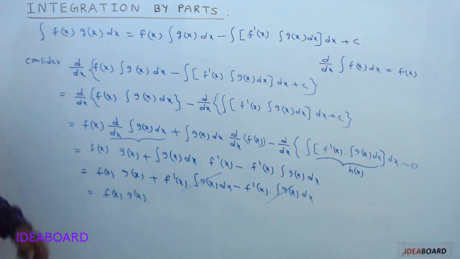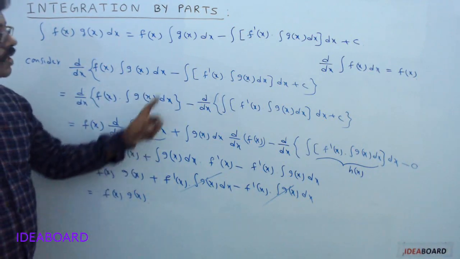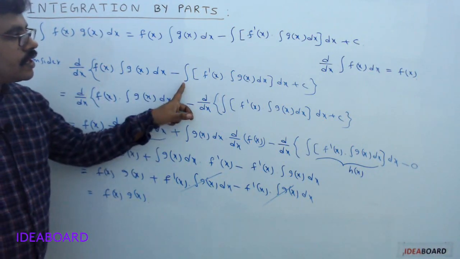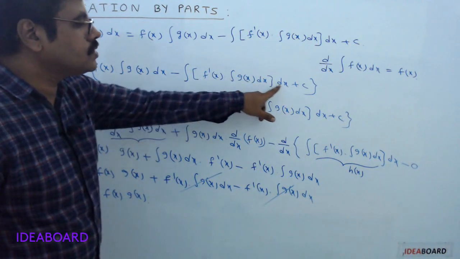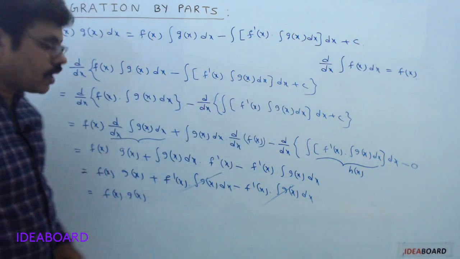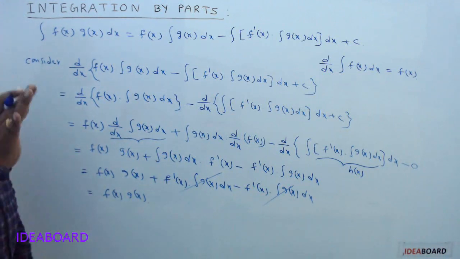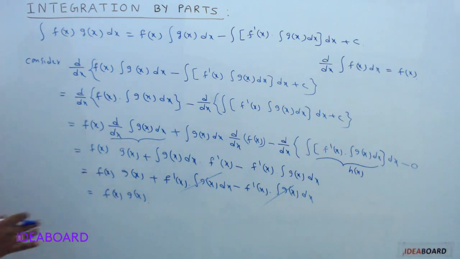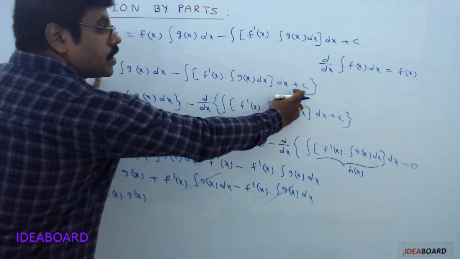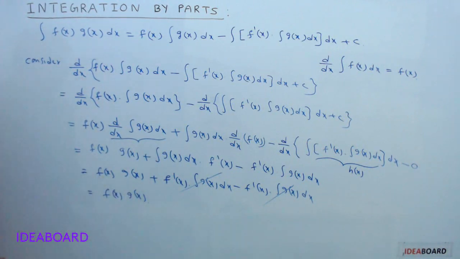Now what are we proving? Derivative of f of x into integral g of x dx minus integral of f dash of x into integral g of x dx into dx plus some constant equals f of x into g of x. So from the definition of antiderivative of a function, this value is nothing but the integral of the function f of x into g of x.